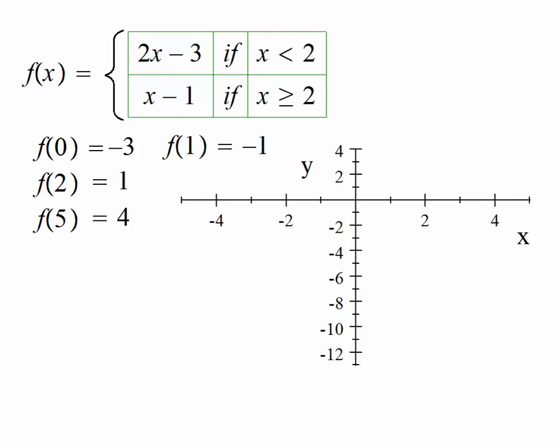So the function is negative 3 at 0, negative 1 at 1, and at 2 it is 1, and then at 5 we just went straight to 5, and that's what I took.